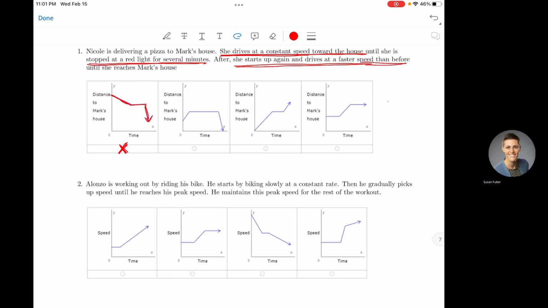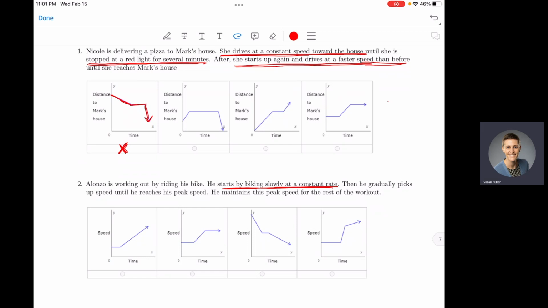Okay, so Alonzo starts by biking at a constant rate. So if he's biking at a constant rate, what's happening to his speed? If you're driving at a constant rate, your speed is not changing. So we want a graph that starts out with a flat speed.